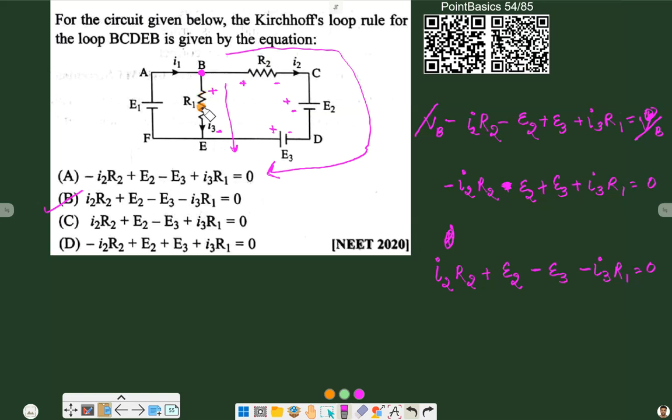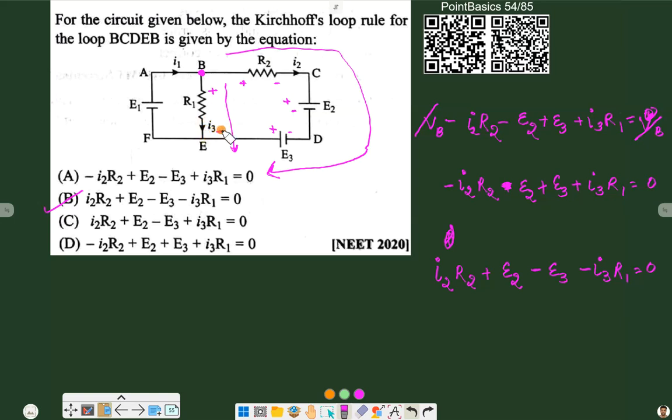In one branch or in one wire, when some current is flowing, then we will decide its positive and negative according to that current. As in this case, B to C, I2 was flowing, so positive and negative for R2 are decided according to current I2, and positive and negative for R1 are decided according to the current I3.